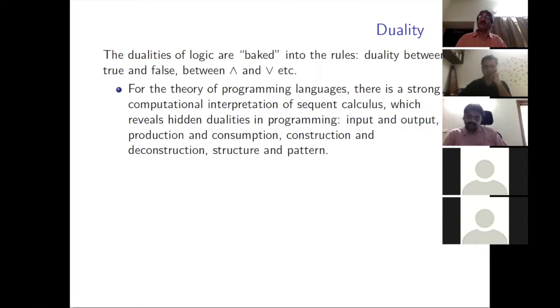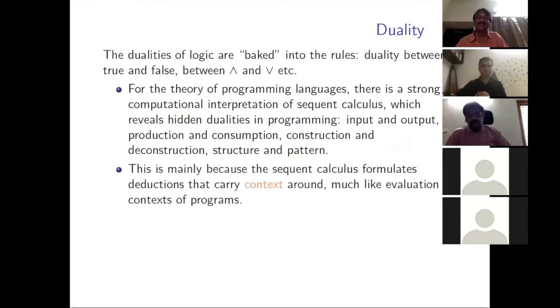So usually when I teach a programming language theory course, I actually show the connection between these two, intuitionistic logic and these computational interpretations. But it's been many years since I taught, and nobody's interested in these things anymore. But in the semantics of programming languages, there is a very tight connection with logic.